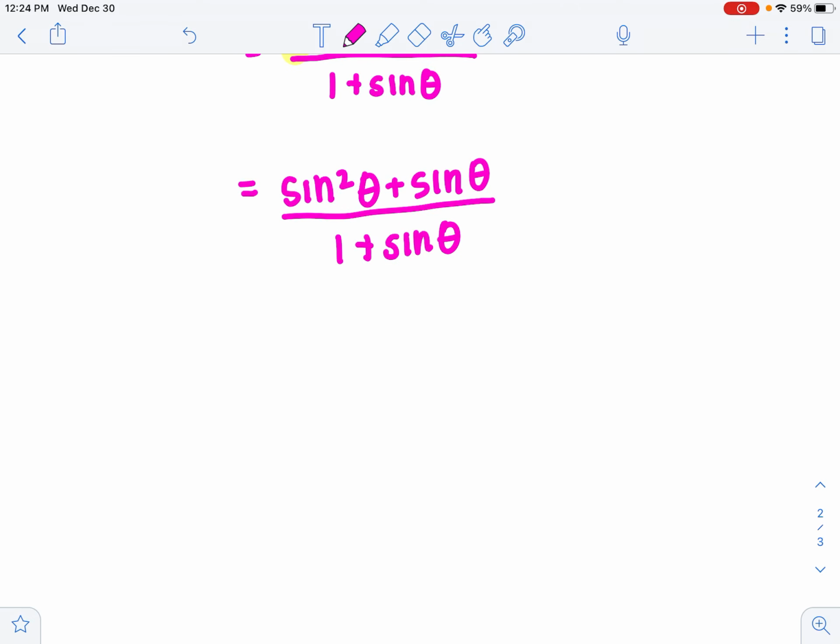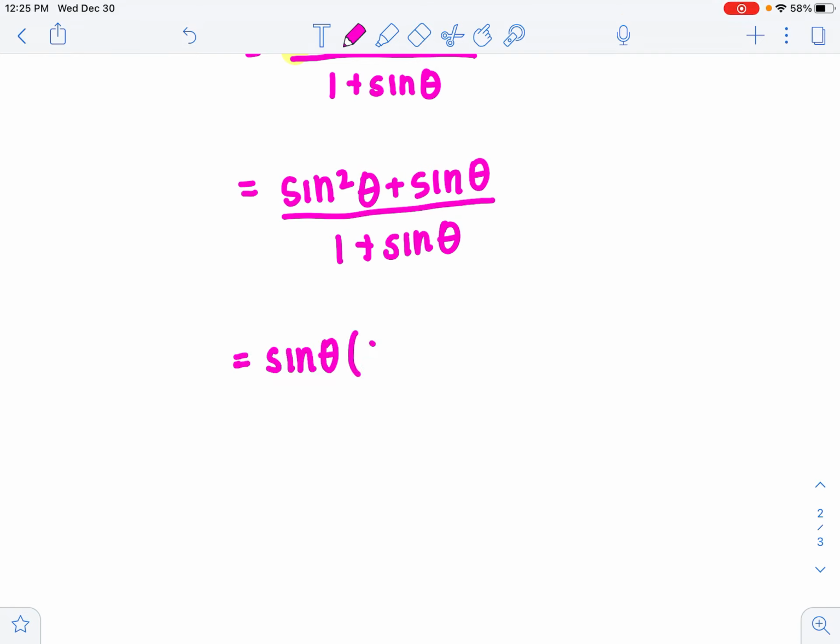Now what can I do? Can I divide? No, because it's 2 terms. I look at my numerator and I say, well, I can simplify fractions if I cancel out common factors. My numerator is factorable, but I didn't factor it yet. So let's factor my numerator. There's a GCF of sine.